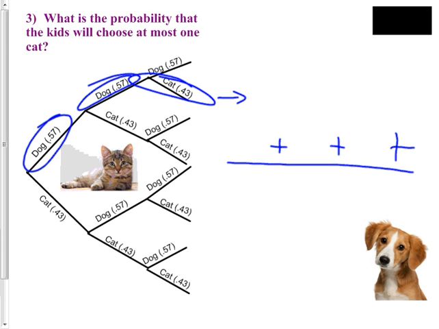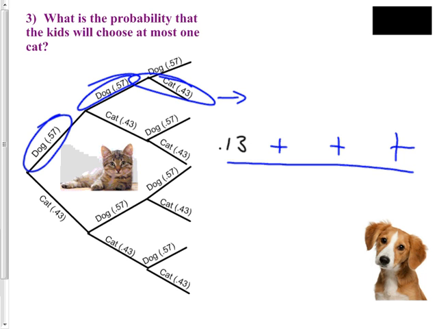At most one cat means they'll have one cat and 2 dogs, or one other thing, 3 dogs. Because wouldn't that still fit the category of at most one cat? Because then they're kind of saying it was actually 0 cats. So dog, dog, dog gets added to the other ones.